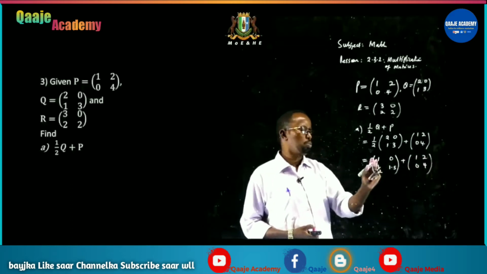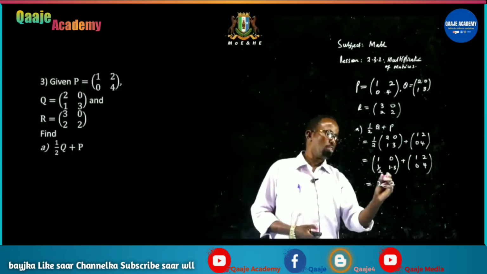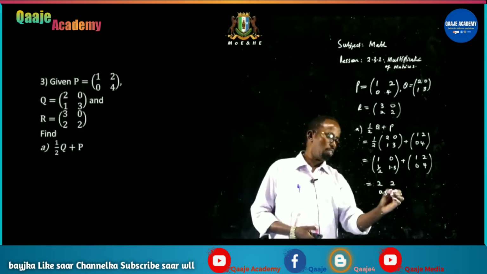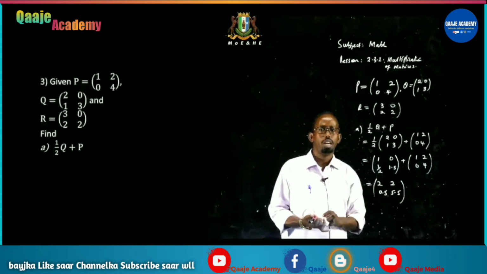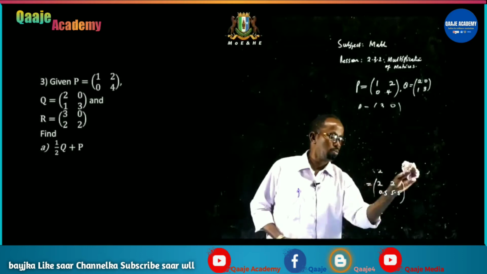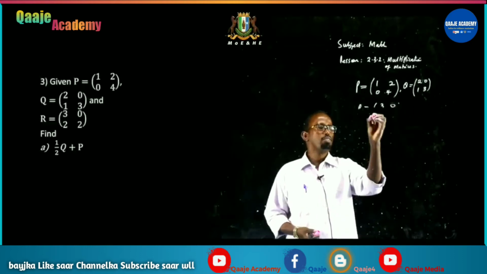You add the corresponding elements: 1 plus 1, you get 2, then 2, then half or 0.5, and therefore you get 5.5. So that is half Q plus P.